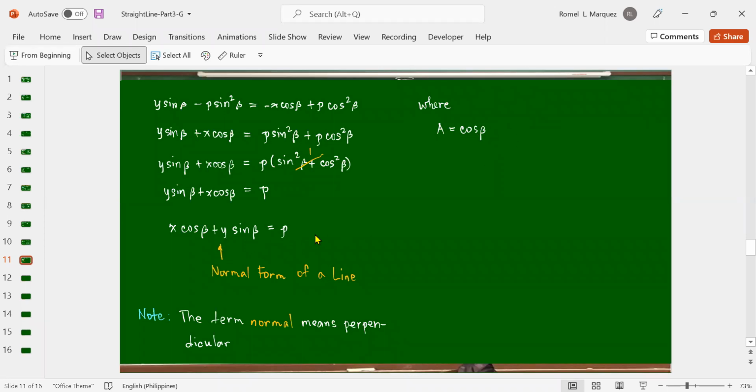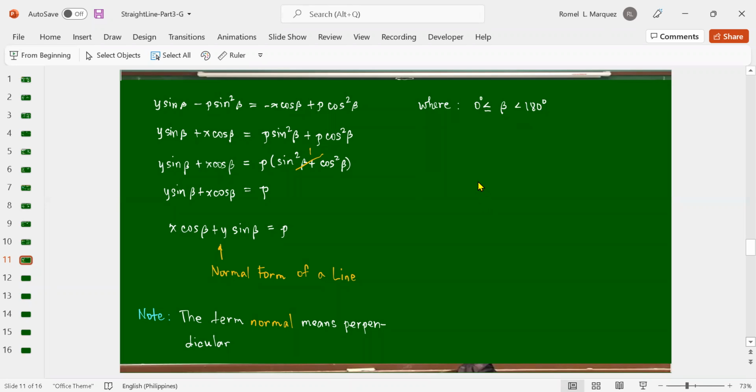And P is the directed distance of the line from the origin. Okay, guys? So again, here beta is between 0 and 180 degrees, including 0.